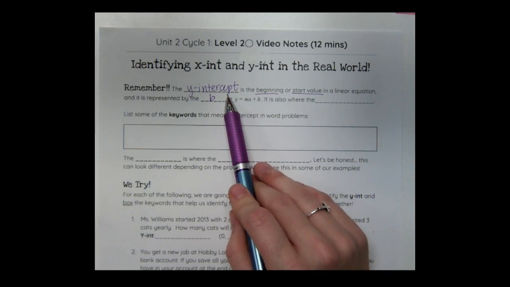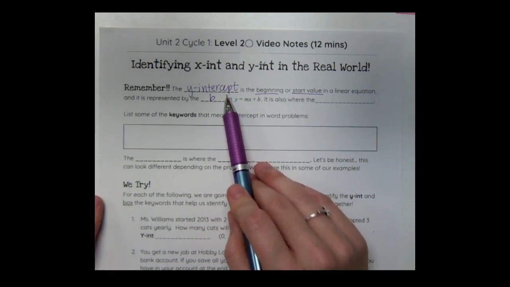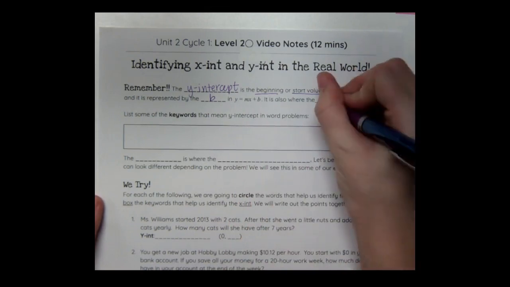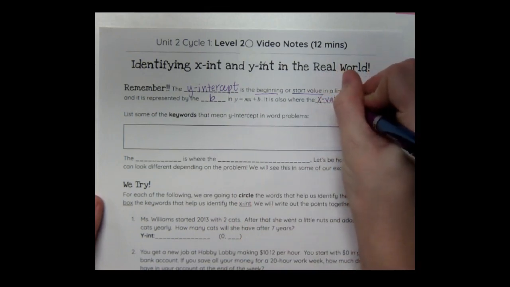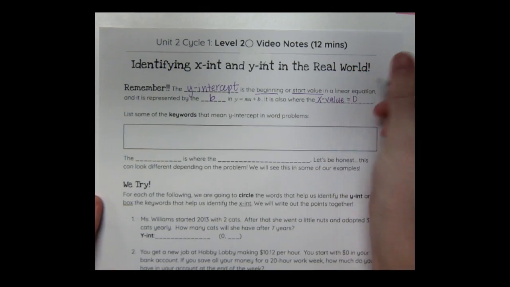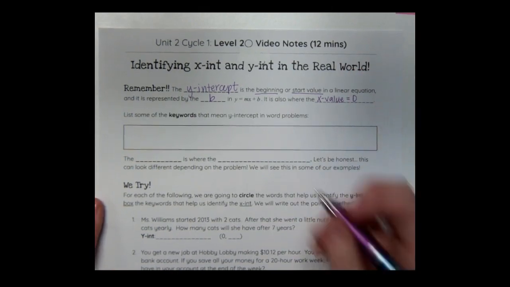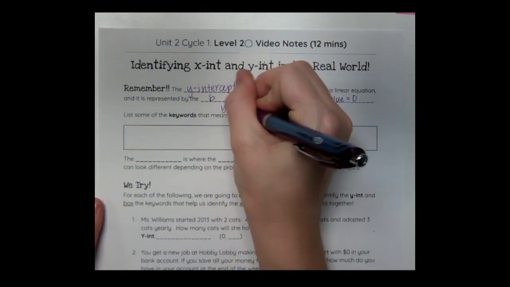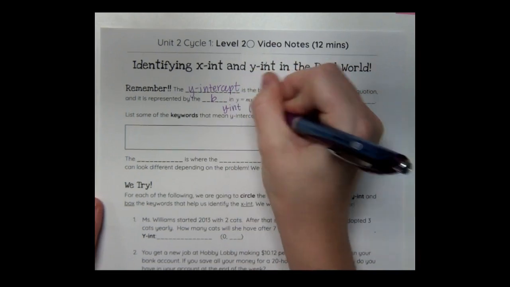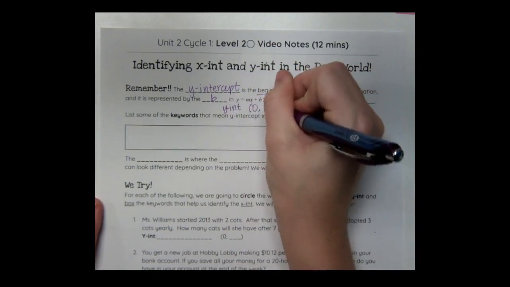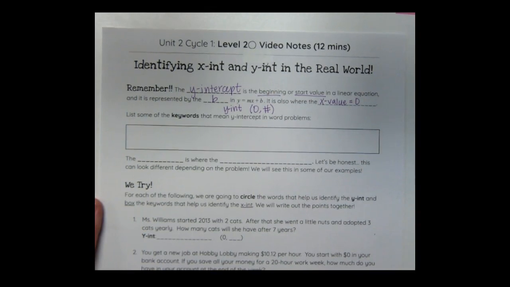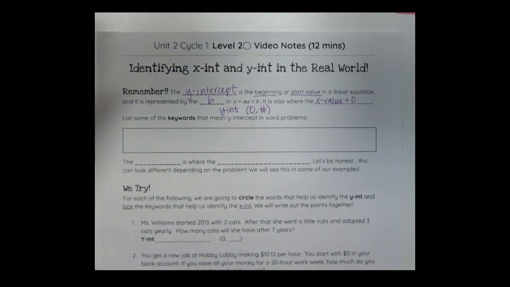It's where our equation starts. It's where our scenario will start as well. It's also where the x value equals 0. So a y-intercept as a point looks like 0, comma, a number. Okay? 0, comma, a number.